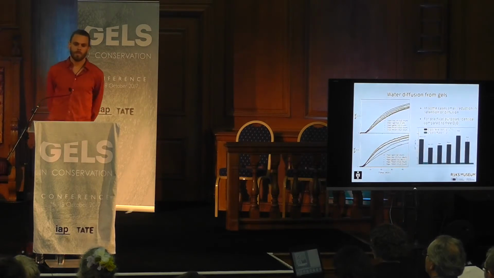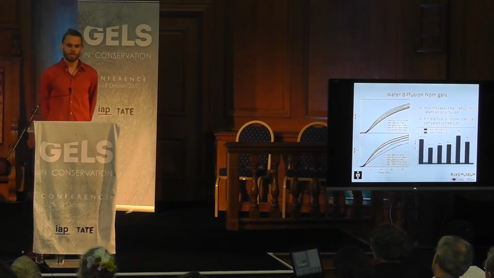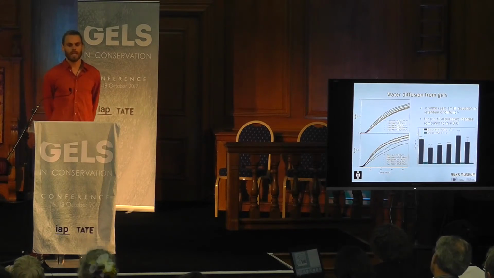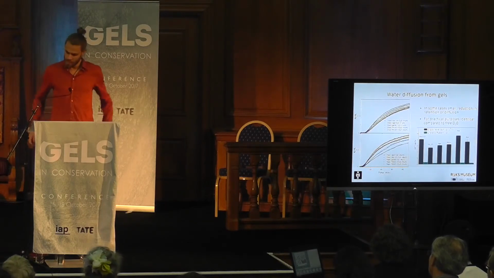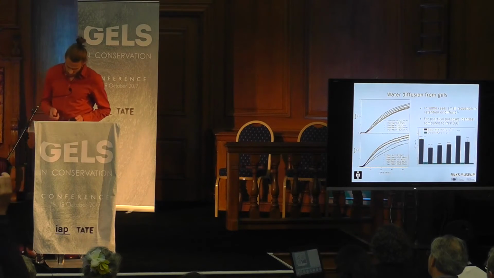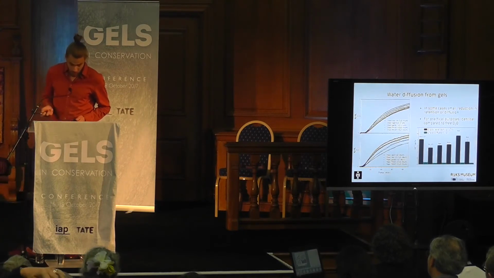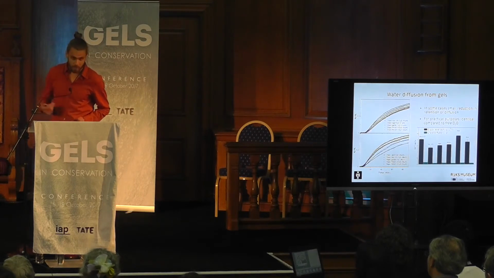In this case you see again the bar chart. Depicted in gray is the time that it takes for a solvent to diffuse through the layer before it's detected at your infrared detector.